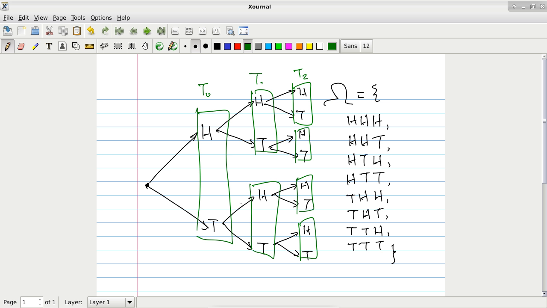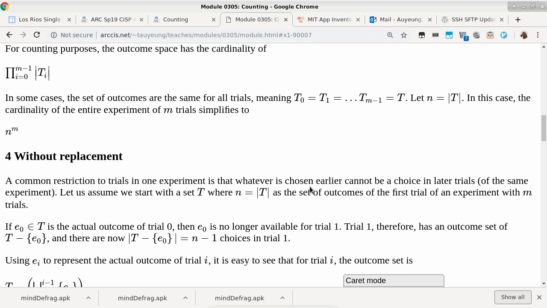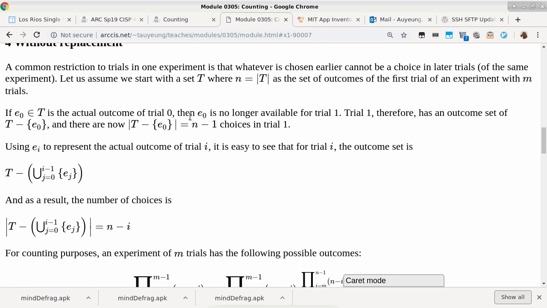All right. So switching back, now we go to without replacement. I'm just reading the notes here. A common restriction to trials in one experiment is that whatever is chosen in an earlier trial cannot be a choice again for later trials.